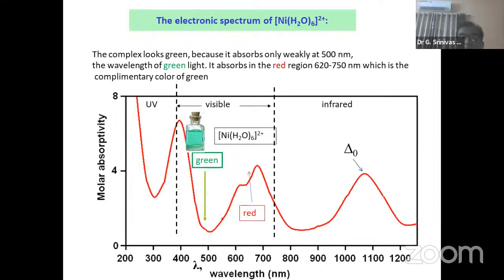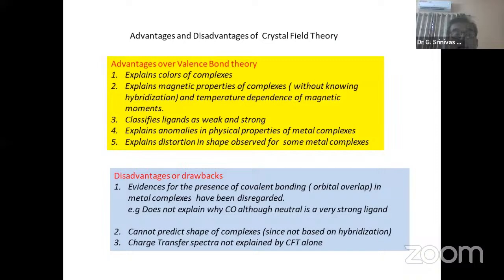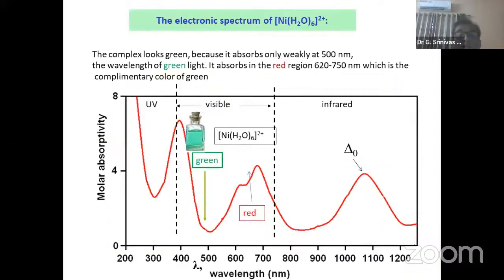If you see the UV visible absorption spectrum of this complex, nickel H2O taken 6, the complex looks green because it absorbs only weakly at 500 nanometers. Generally, in VIBGYOR, green is at around 500 nanometers. Whereas near red, around 700, the absorption is a bit high. So it is the red region that is absorbed.